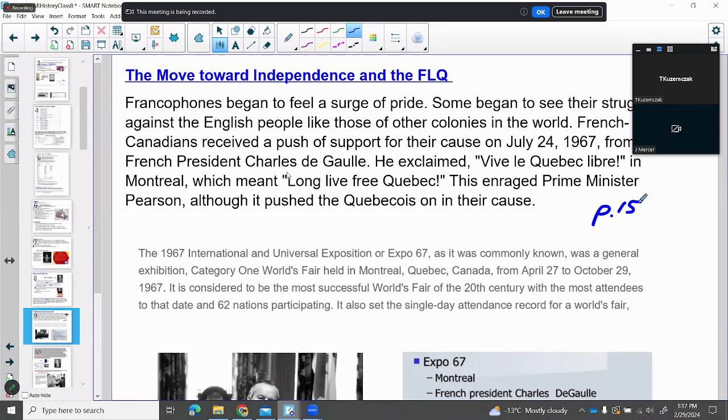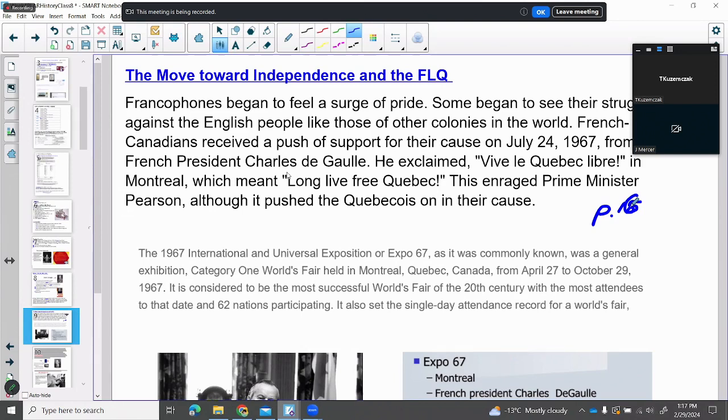Okay, continuing on here. So the move toward independence and the FLQ, that is on page 16. So Francophones began to feel a surge of pride. Some began to see their struggles against the English people like those of other colonies in the world.